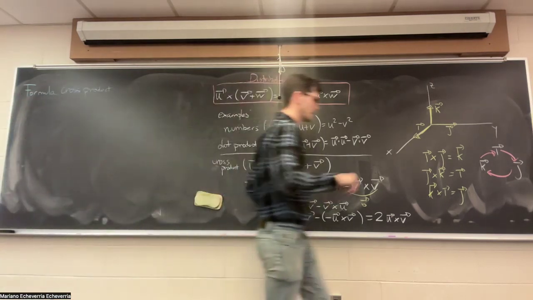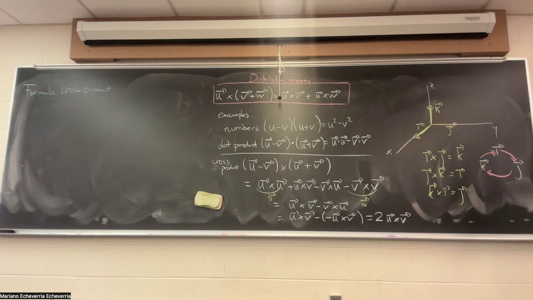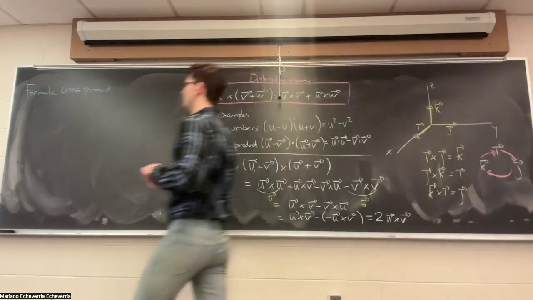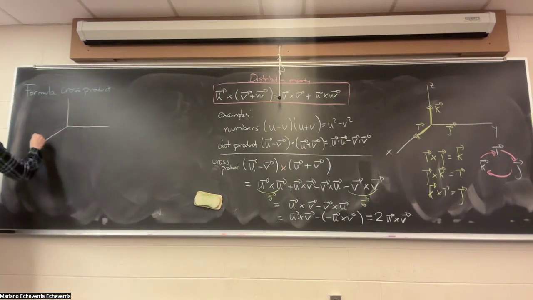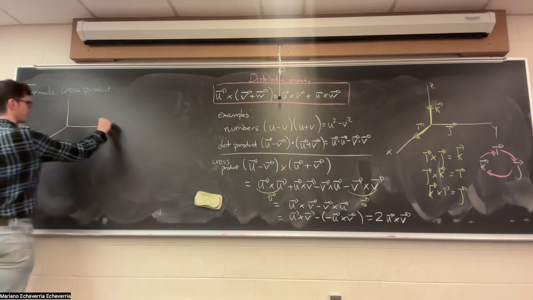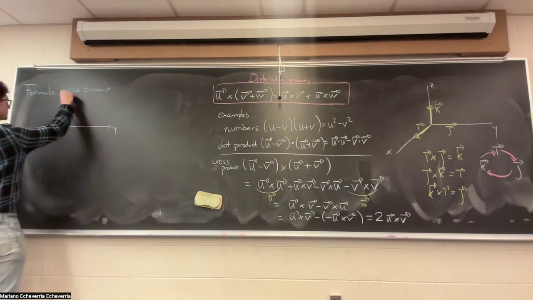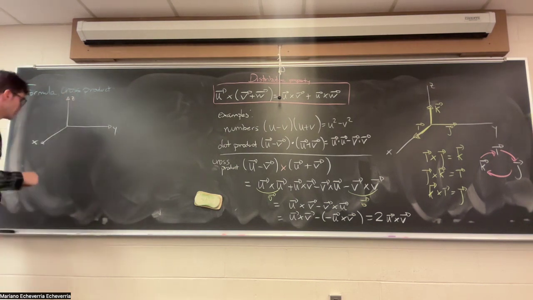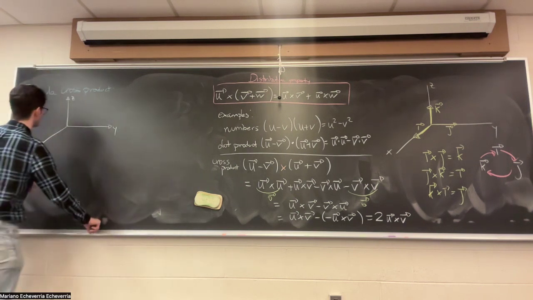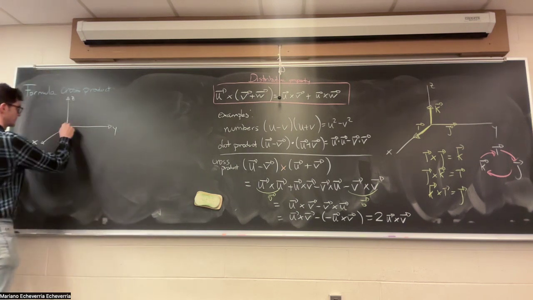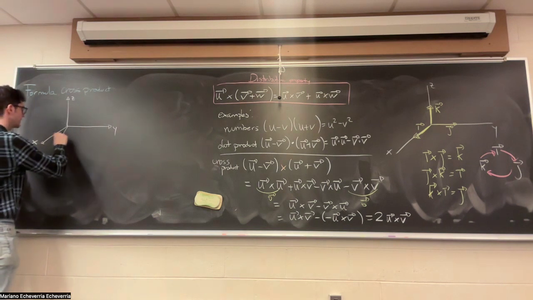Let me do a big version, because that will give me an excuse to talk about matrices. Let's say that you have two vectors, u and v, but they're actually on the XY plane, meaning that their third entry is 0. Let me just draw them like this.